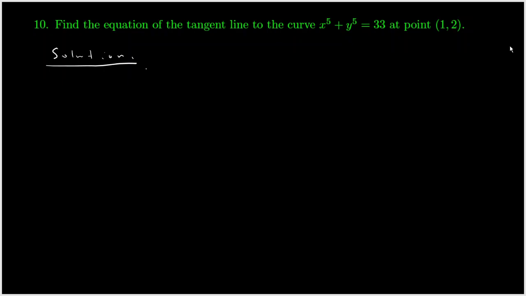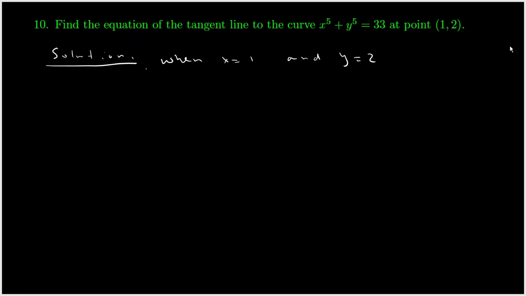Now the solution. The first thing we do is to verify the point is indeed on the curve. So when x equals 1 and y equals 2, you compute the left hand side, or in some cases you compute the left hand side and the right hand side. You want to make sure the two sides are the same.